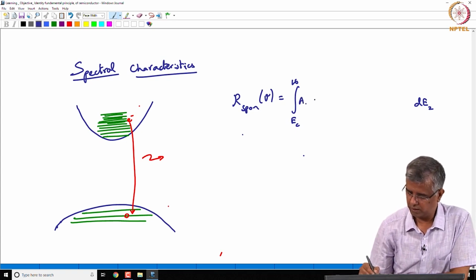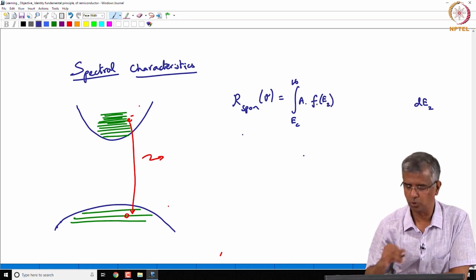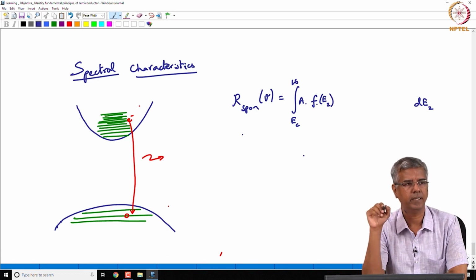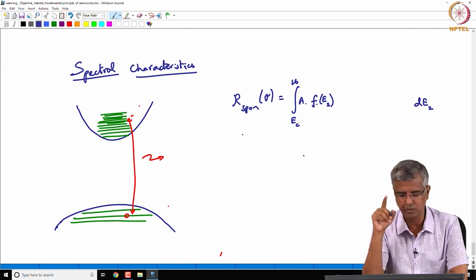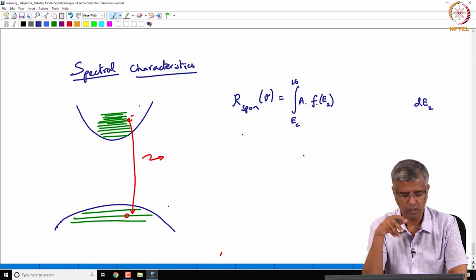So, some constant A times f of E2, that is corresponding to the probability that an electron is sitting in this energy level E2. This is actually important to remember. I did not talk about it explicitly before.